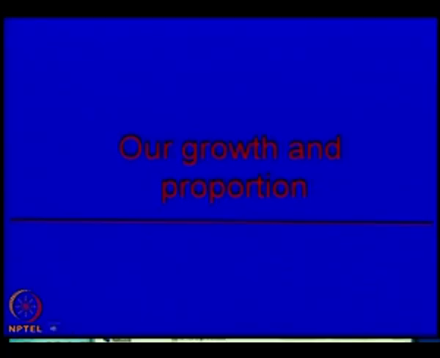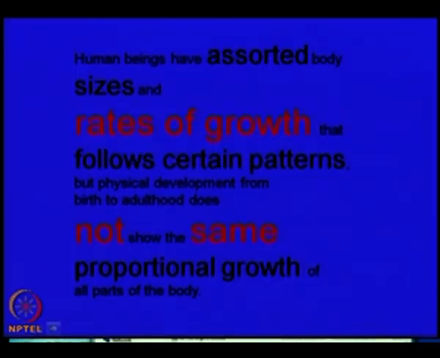Now, first phase of this discussion, our body growth and proportion. Human beings have assorted body sizes that we have discussed earlier, and rates of growth that follow certain patterns, but physical development from birth to adulthood does not show the same proportional growth of all parts of the body.